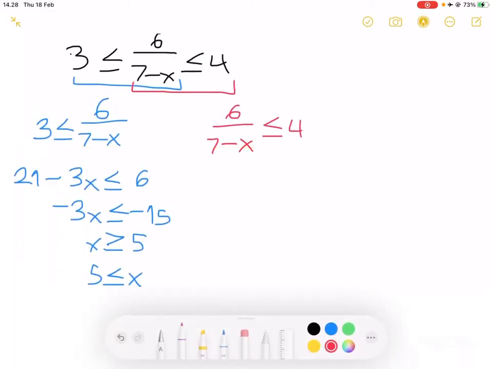Alright, so for the second case, you can just multiply by 7 minus x yet again on both sides to get 28 minus 4x on the right hand side. And you can just subtract 28 on both sides to get negative 22 on here. And then divide by negative 4 on both sides while flipping this inequality sign.